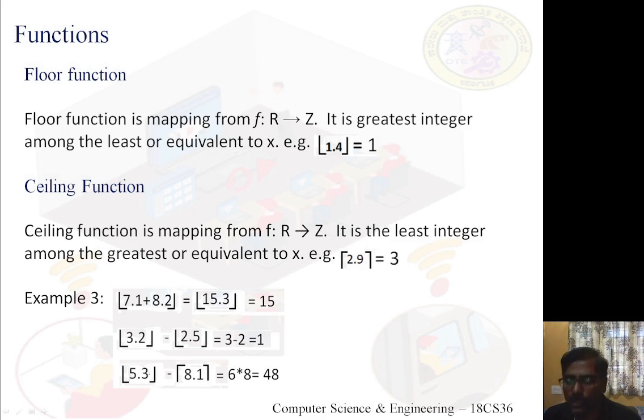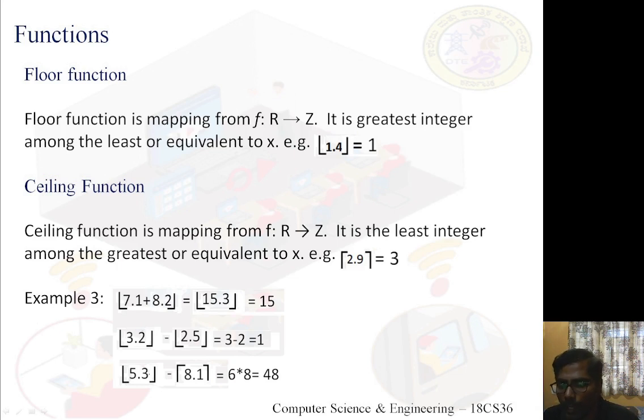So in this session we introduced you to what is known as a function, and also some concepts such as image, pre-image, domain, codomain, and range of functions. We have also seen how to compute the number of functions that are possible from any domain to codomain.